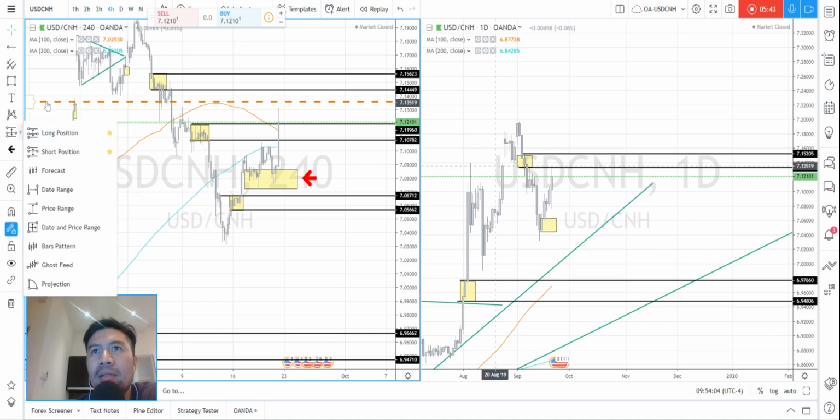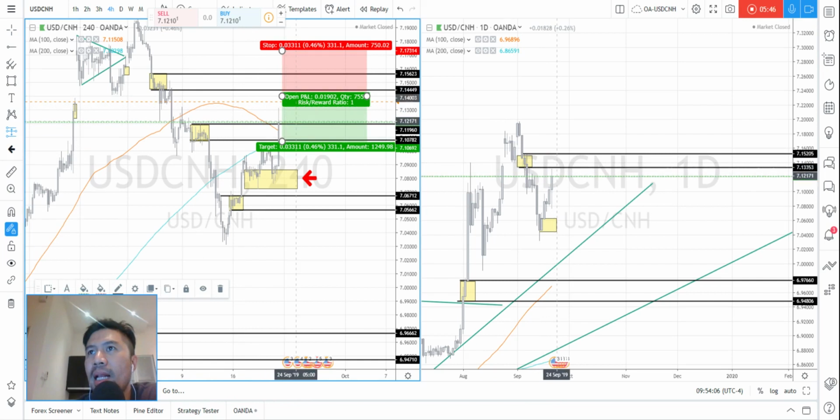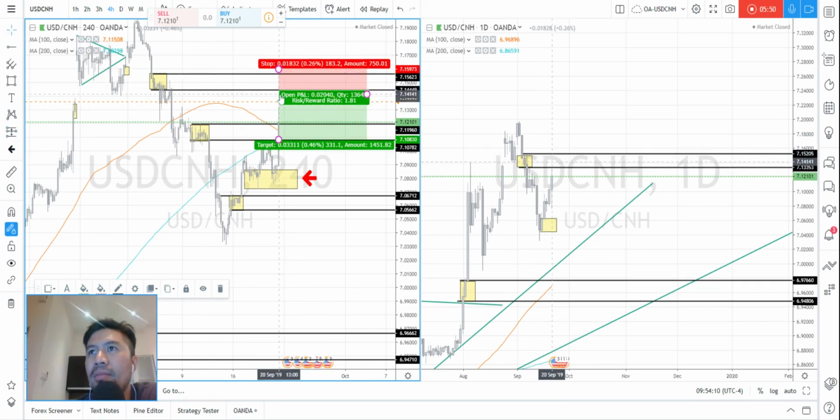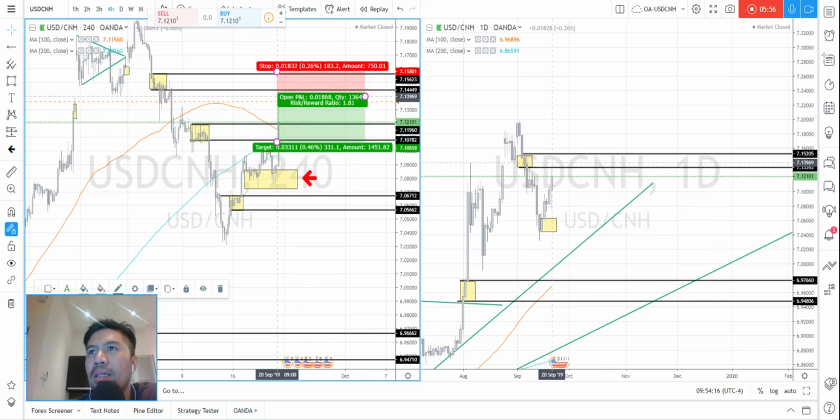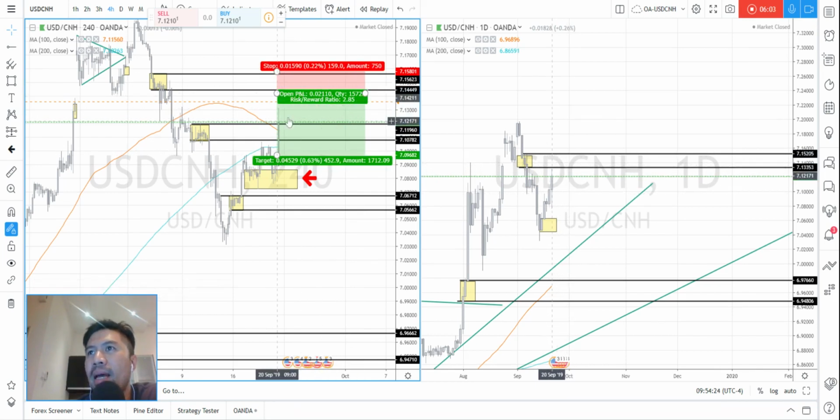Okay, so if we put a short sell here, something like this, maybe until here, I was thinking the ratio is very small, but somehow it is at least 3. See, we can make like 2.25, not bad. If you're looking for a trade and if you accept that risk, I think it would be fine.